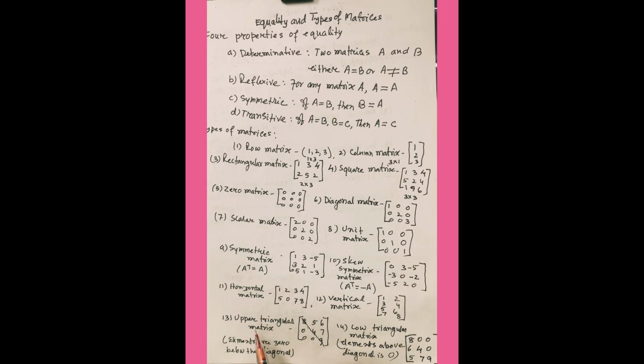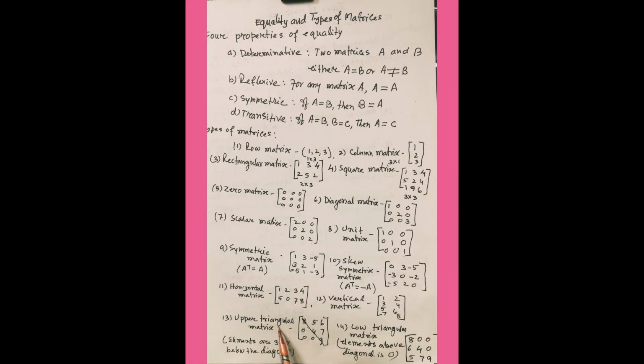Then horizontal matrix, where the number of rows is less than the number of columns. Here 4 columns are there, only 2 rows, so it is a horizontal matrix. Then vertical matrix, just the reverse of this, which has 4 rows and 2 columns, so it is a vertical matrix.